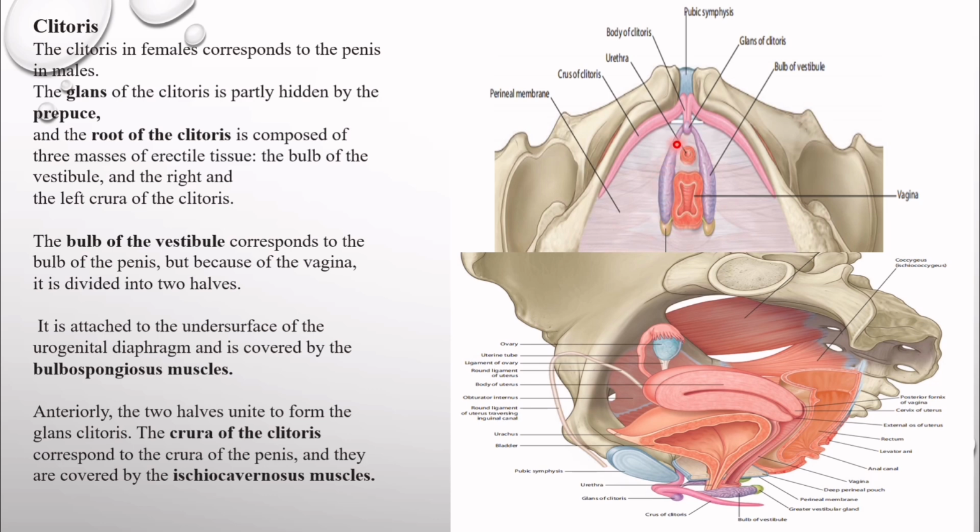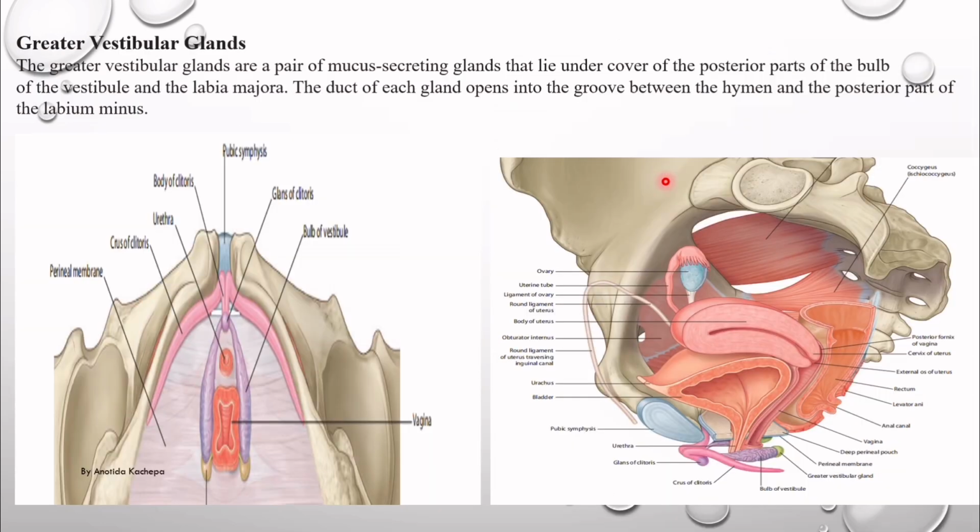So the bulb of the vestibule will unite to form the glans clitoris. Then the greater vestibular glands, we talked about them. They drain into what? The vagina.